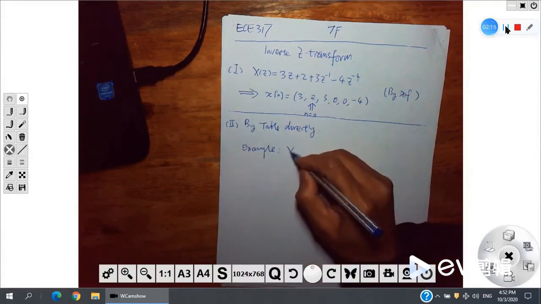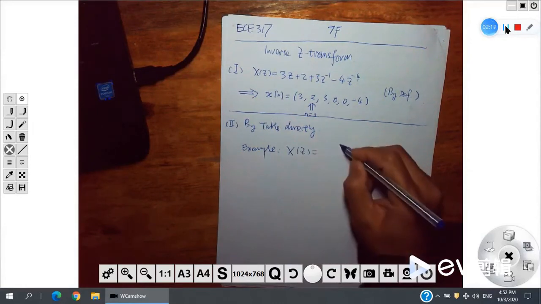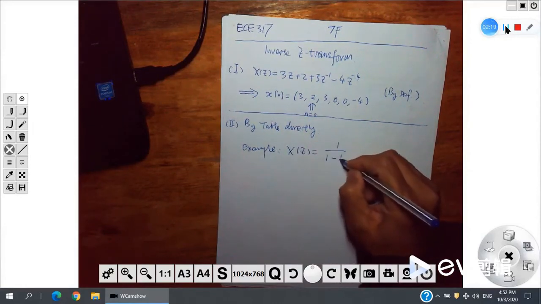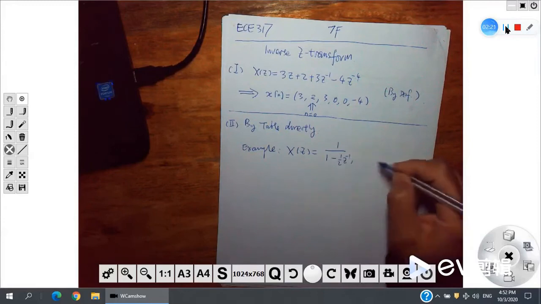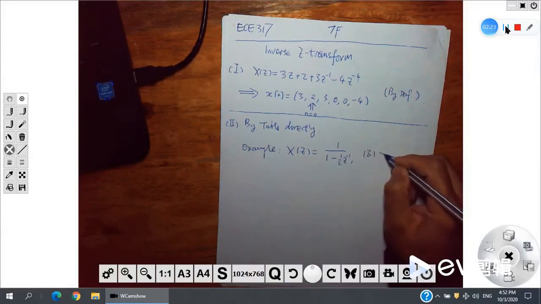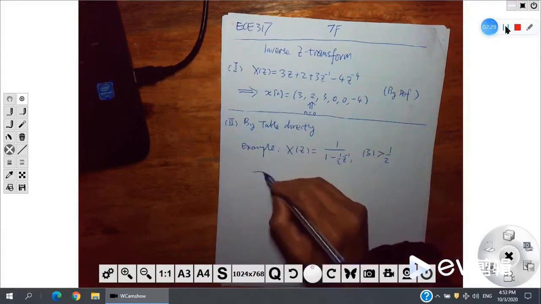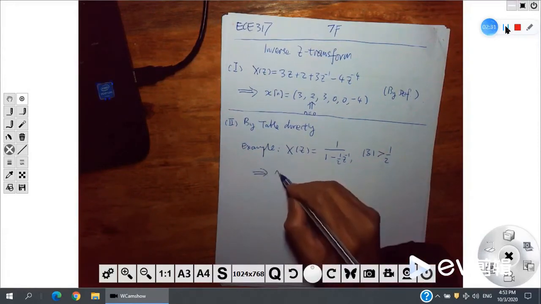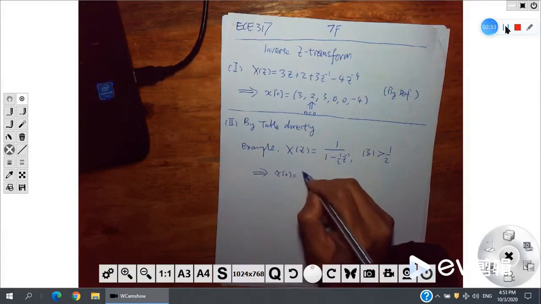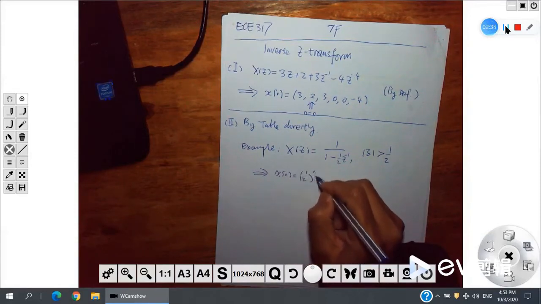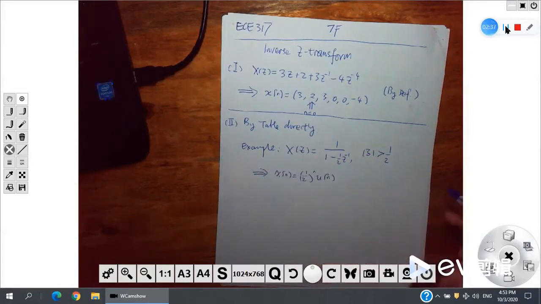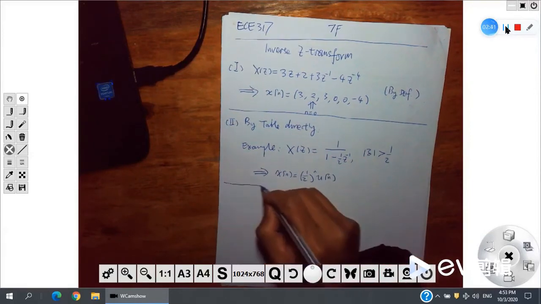Suppose x of z equals 1 over 1 minus 1 half z to negative 1, and z larger than 1 half. Okay, you check the table. You will have x of n, which is 1 half to the n u of n. It's just directly from the table. Alright, this is also simple.